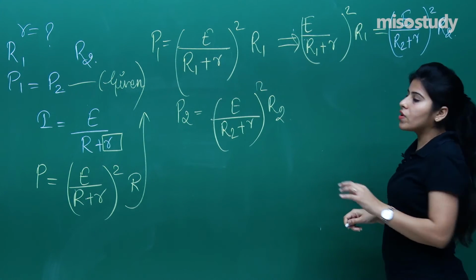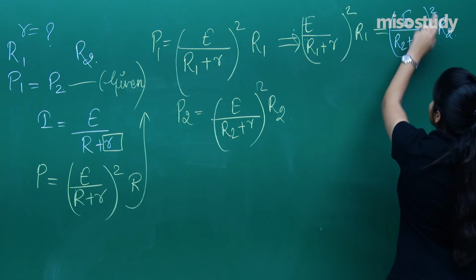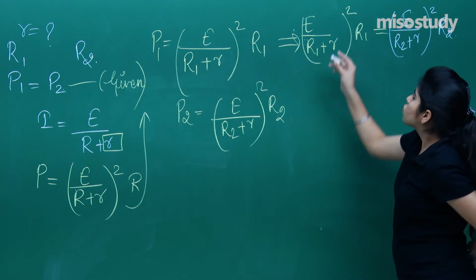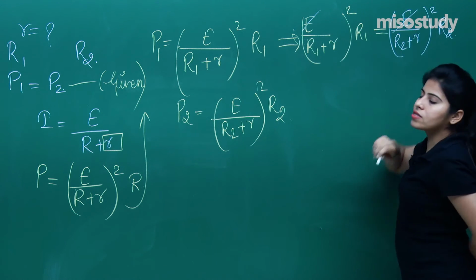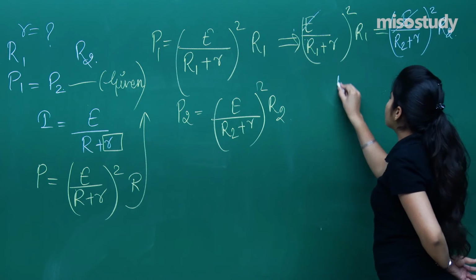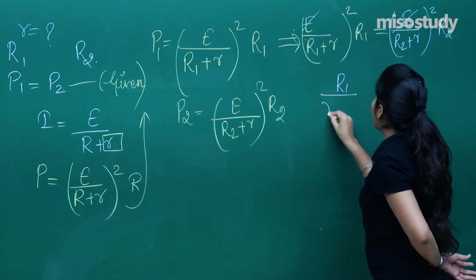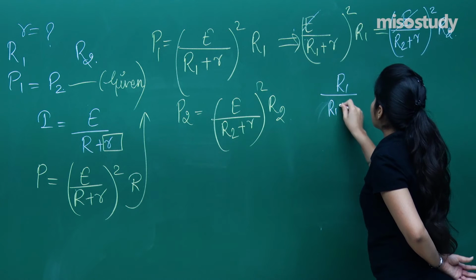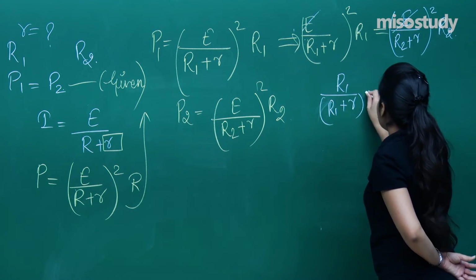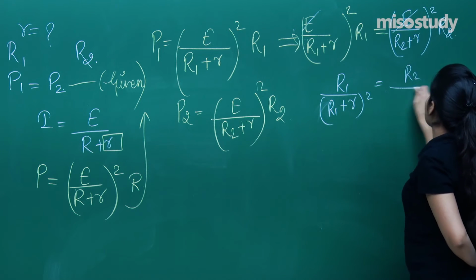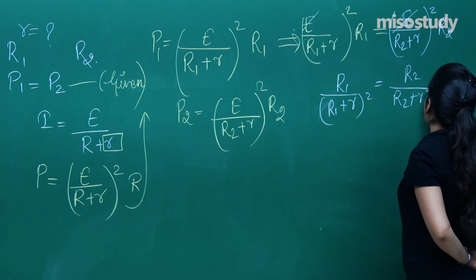Now what you can do over here, this E square will be cancelled out, so I am directly removing this term. We now have R1 upon R1 plus r square equals R2 upon R2 plus r square.